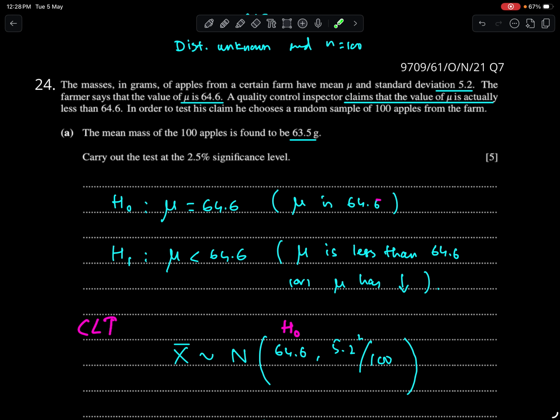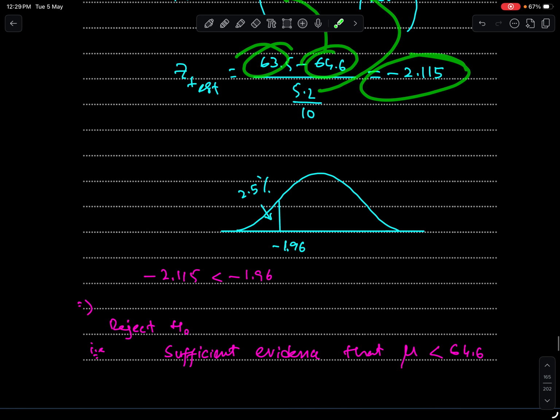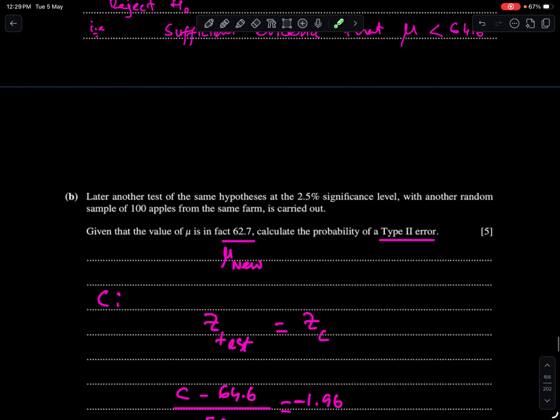So get the Z test value, mean this under root here. Now compare this with the 2.5% value. This lies here, so reject H0. Population mean is less than 64.6.